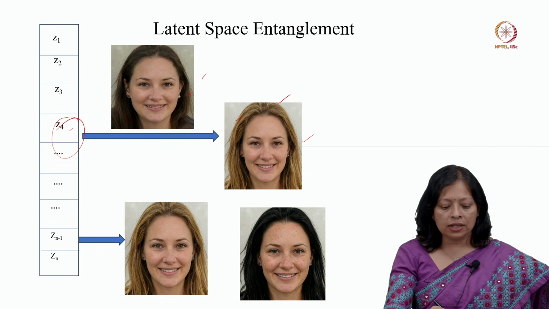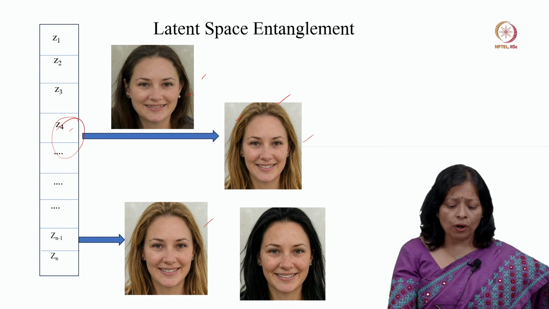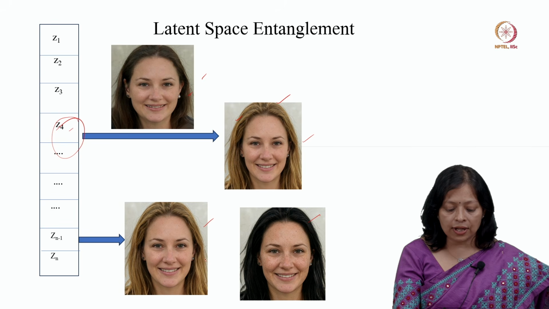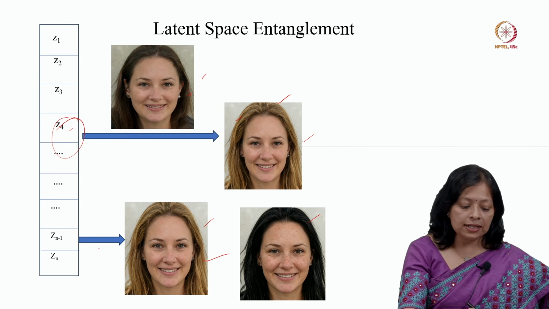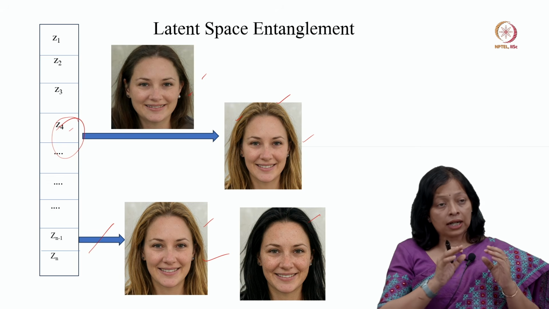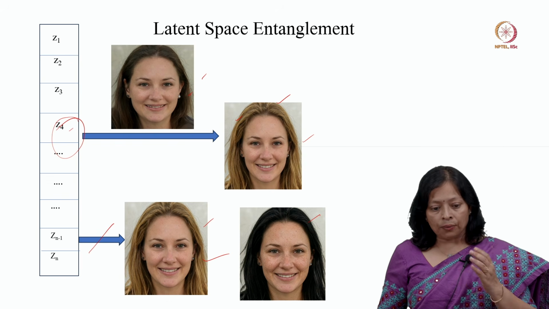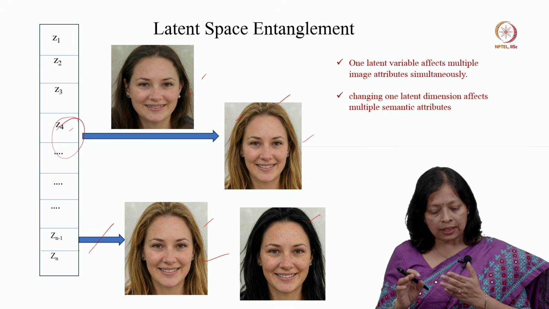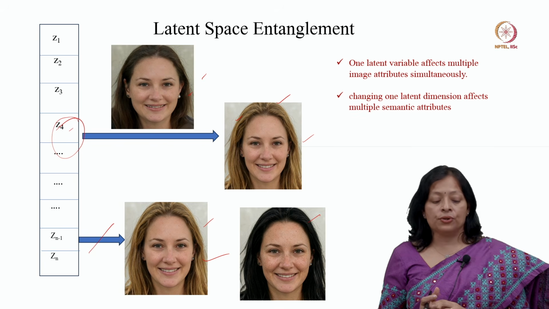Similarly, if I want the blonde hair to change to black, when this transition is happening, some freckles are coming. So, it is very difficult to have independent control. The meaning of latent space entanglement is that one latent variable affects multiple image attributes simultaneously.